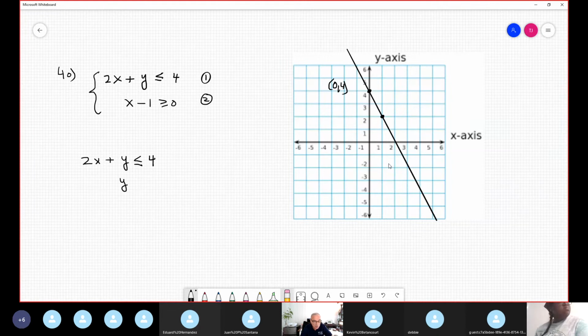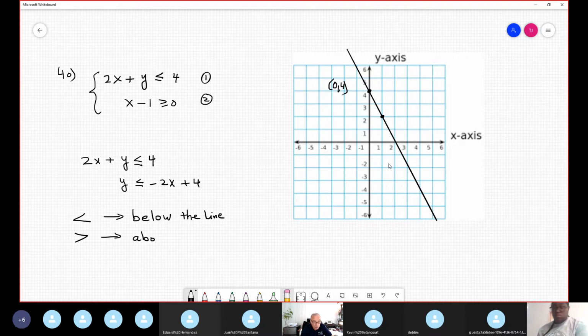I solve for y again. It's y less than or equal to minus 2x plus 4. Equal is the line, less than is below the line. So this symbol indicates below the line. In another example where we have greater than, greater than is above the line.